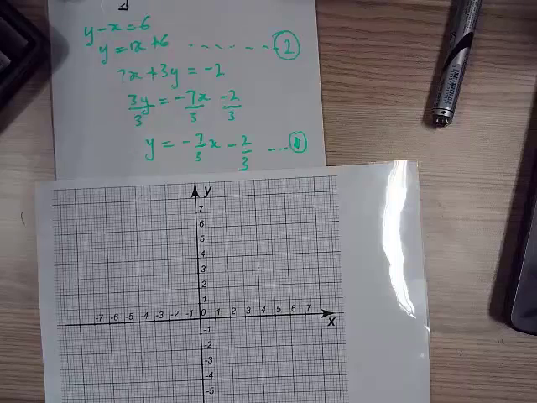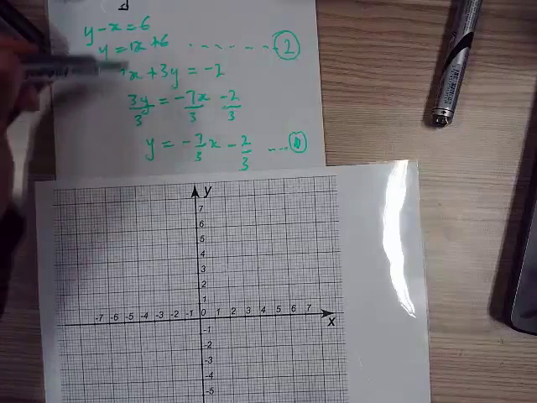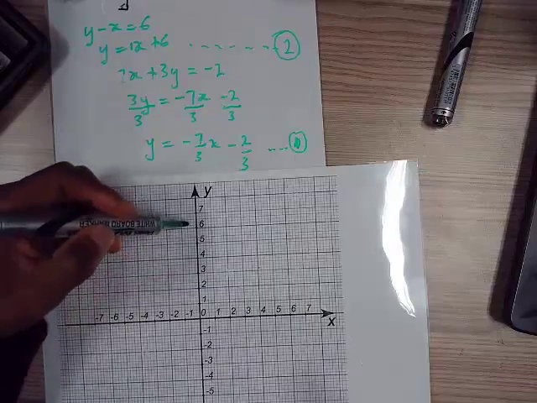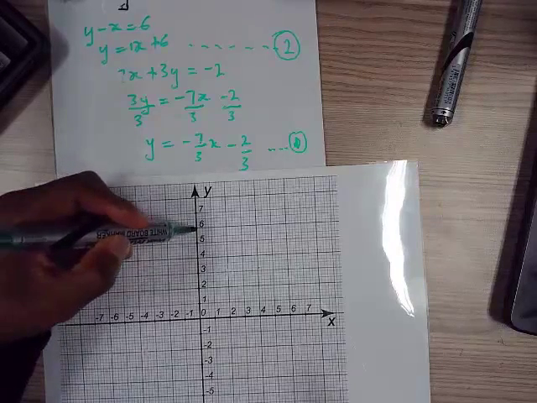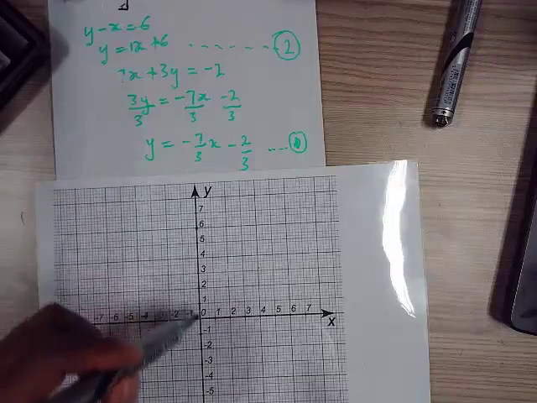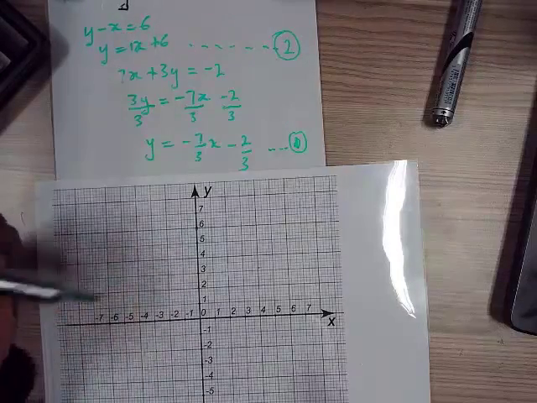Okay, what does this tell you? The 6 tells you that it's a positive intercept. It's a positive 6 intercept. It's right on top of the graph.